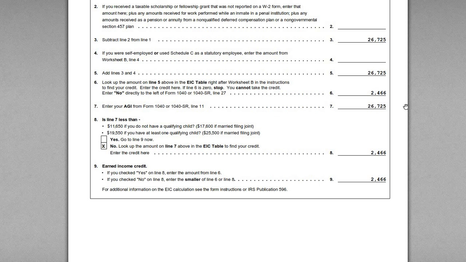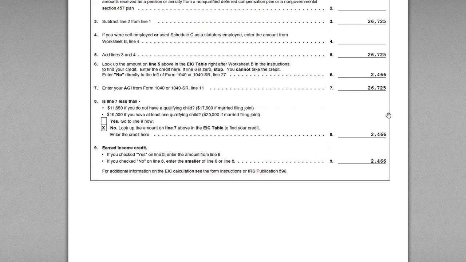Let's say she sold some Bitcoin at a loss for $2,000, so she got a $2,000 deduction, which lowered her AGI from $26,725 to $24,725. Well, you're going to get an earned income credit on the lower amount, the $24,000. So in this case, her AGI is the same, right? So earned income is $26,725. AGI is $26,725, so it's the same number.